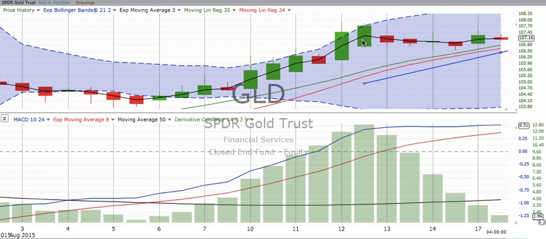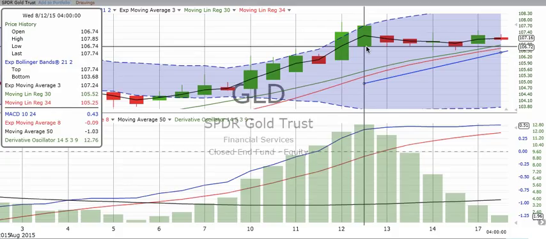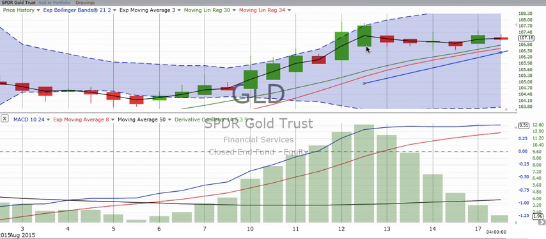Now, gold appears to have peaked out sometime in the afternoon of the 12th. That was Wednesday, last Wednesday, the 12th of August. It actually hit the top of the Bollinger Band on a second day and then opened up the next morning and has basically moved sideways since then. Technically for the day it was up 0.26%, but if you're looking at the chart, you can tell how it's moved sideways.